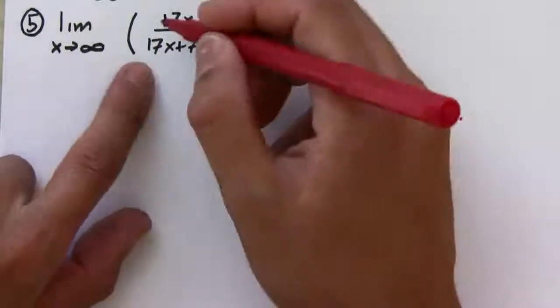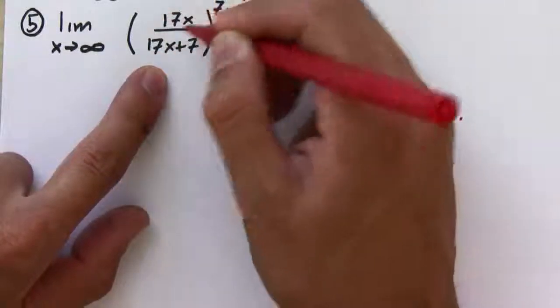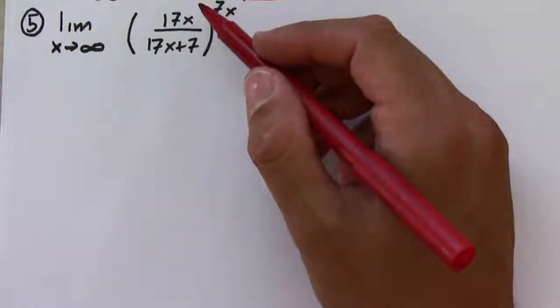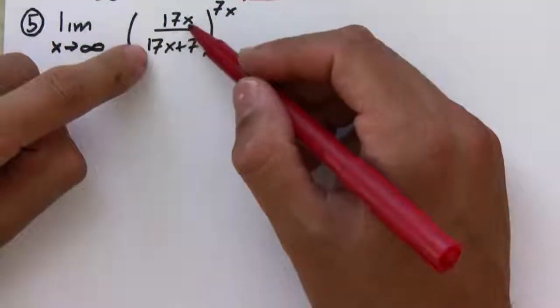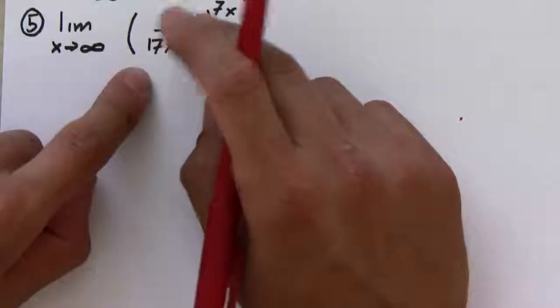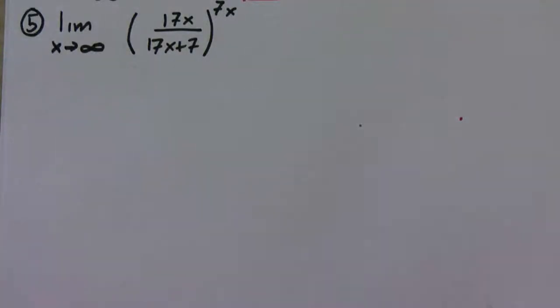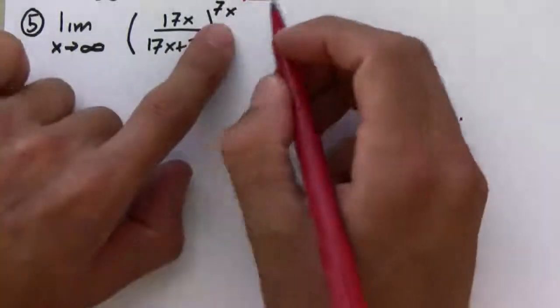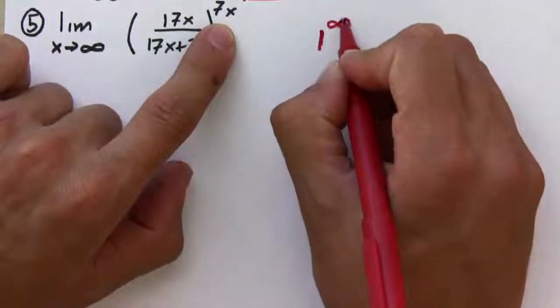As x goes to infinity, if you remember what we've done before, you divide numerator and denominator by the highest power of x, and then simplify. But what we get is 1 on the inside. And then the exponent, though, is going to infinity.